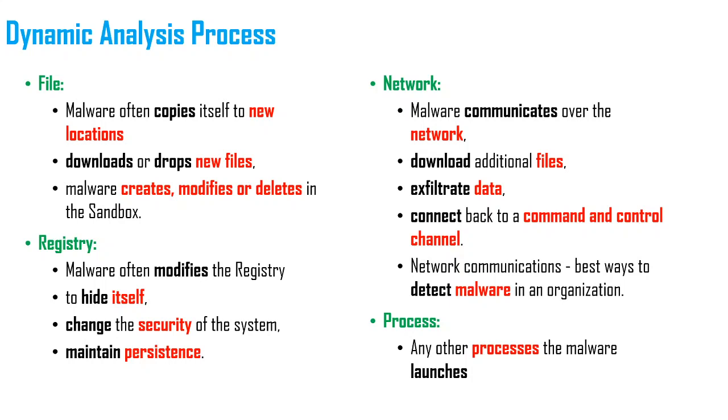So we have to make a note of how the malware is actually going to communicate over the internet. Regarding the network, if a malware communicates over the internet, the purposes are downloading some additional files, exfiltrating data, and connecting with the command and control servers.